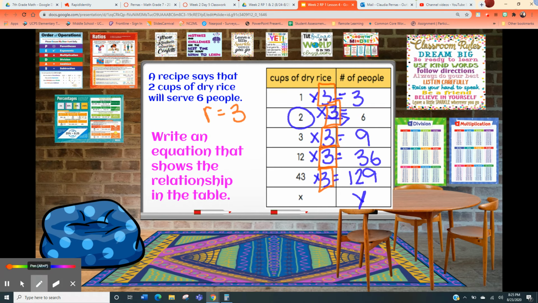So if I'm going to look at how we would write our equation, remember it would be y equals rx. I want to fill in the value of r. So my equation would be y equals 3x. So this is my final equation. All I have to do is put in my unit rate. And it's perfect. So now I want you to try.